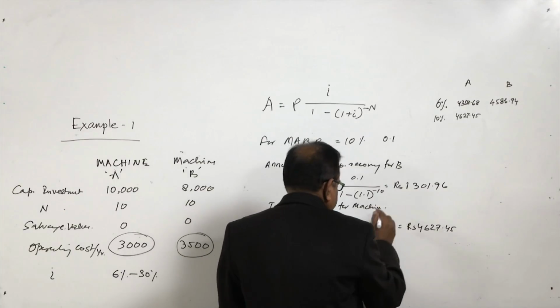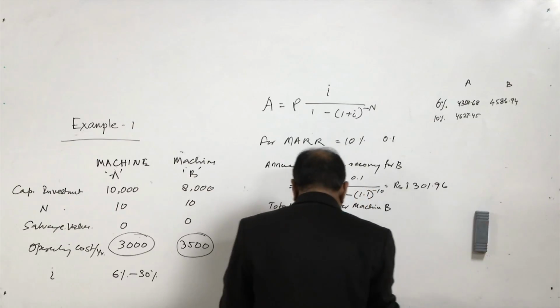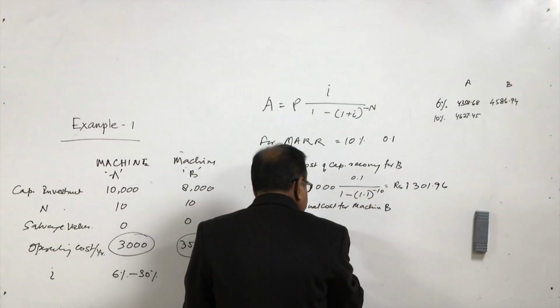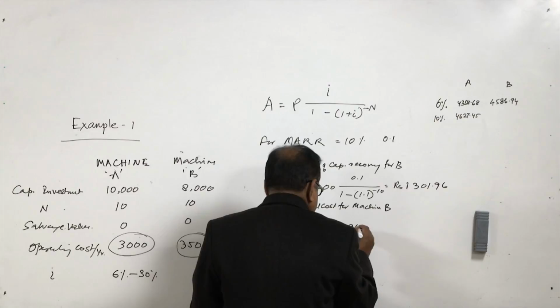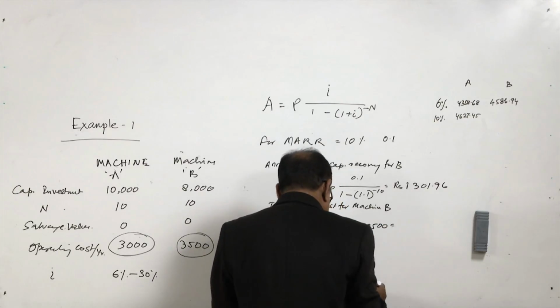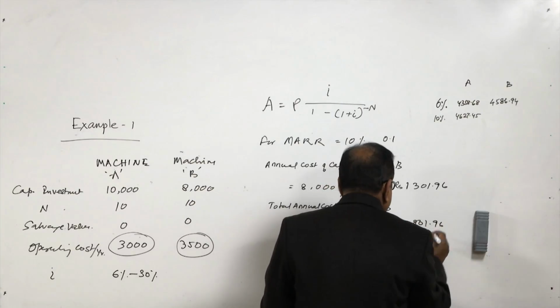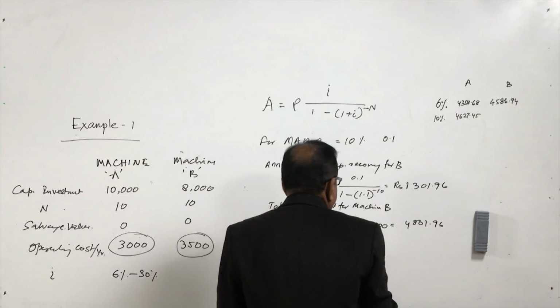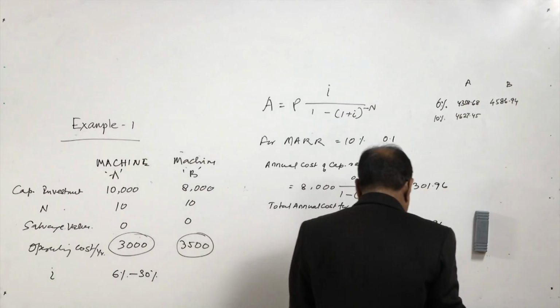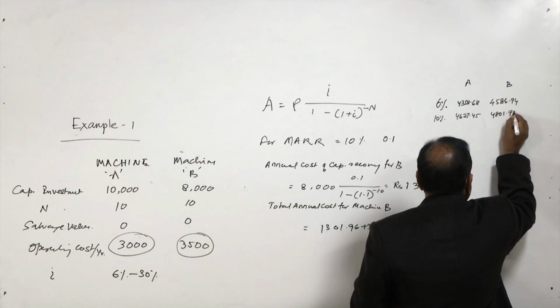This is B machine, and this is 1301.96 plus 3500, which comes out to be 4801.96. So, this is 4801.96.